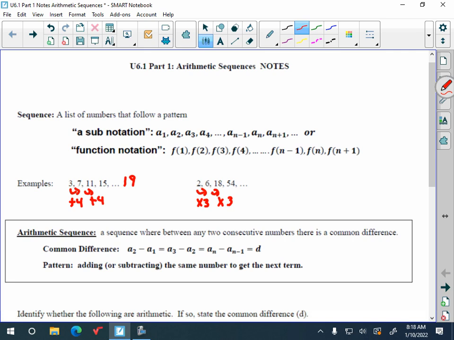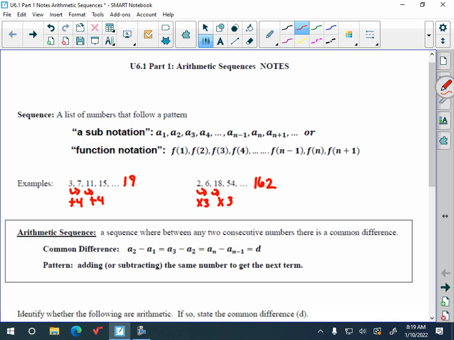All right, so then to get the next term of this sequence, we could take the 54 and multiply by 3. And so what would that be? 162. All right, so the next term would be 162. And then if we want to find the next one, we can multiply by 3, and so on.